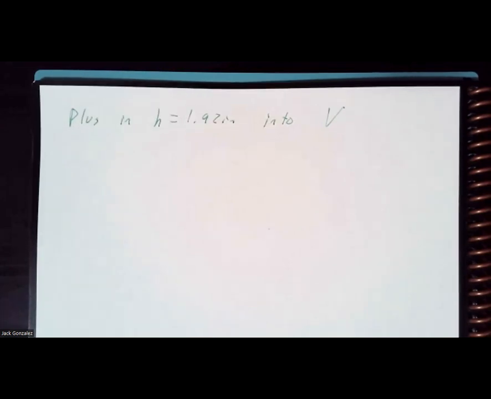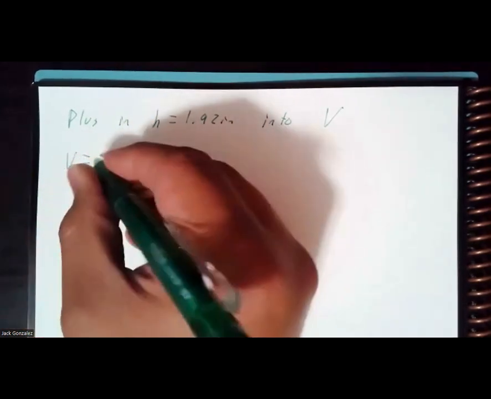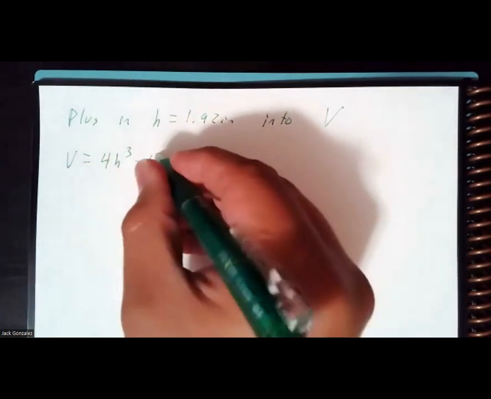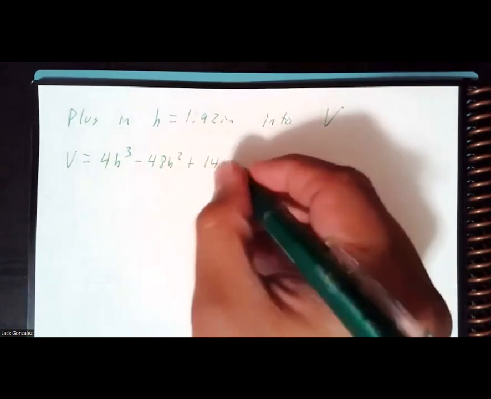Our volume formula was something weird, remember. Here it is: 4h cubed minus 48h squared plus 140h.